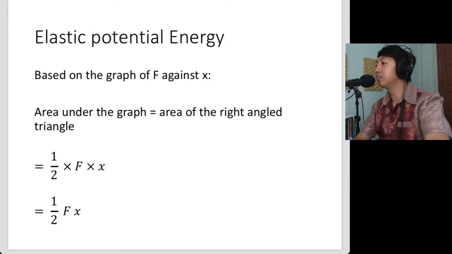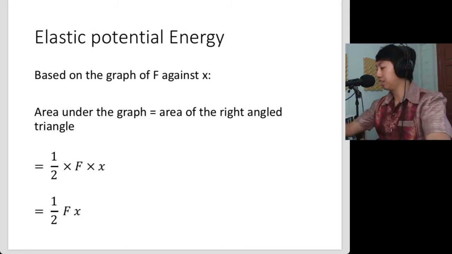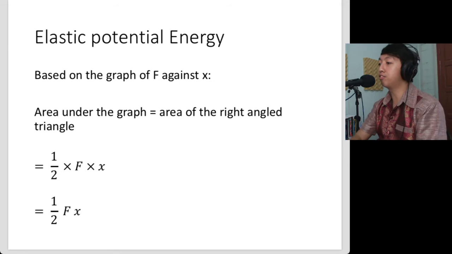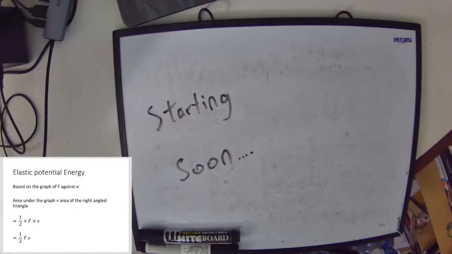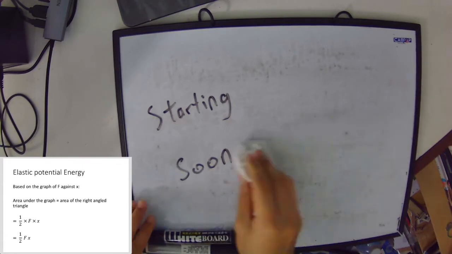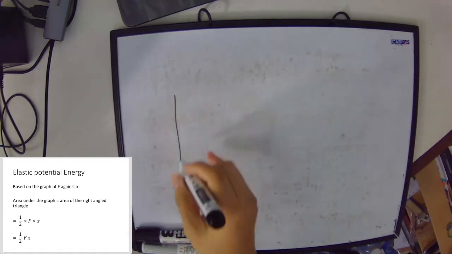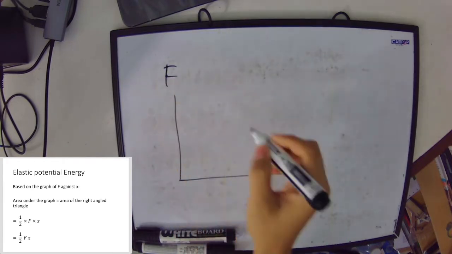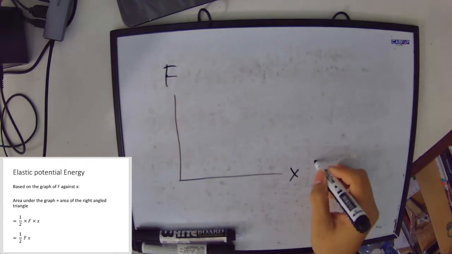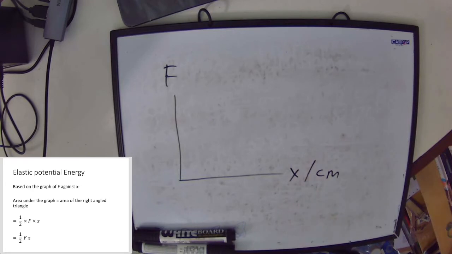And actually, if we were to base on a graph of F against x, the area under the graph equals the area of the right angle triangle. So there's a right angle triangle formed. Let me just give an example first. Here we go. So if we were to graph something like this, this would be the force, this would be the amount of extension, which will be in centimeters.